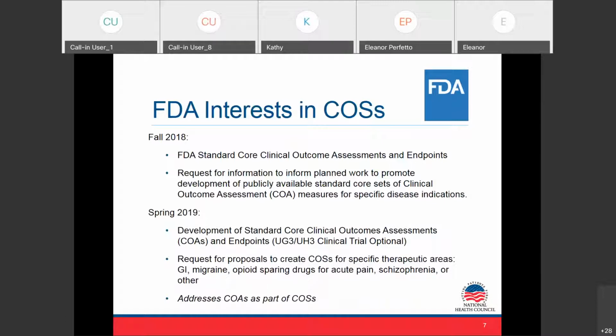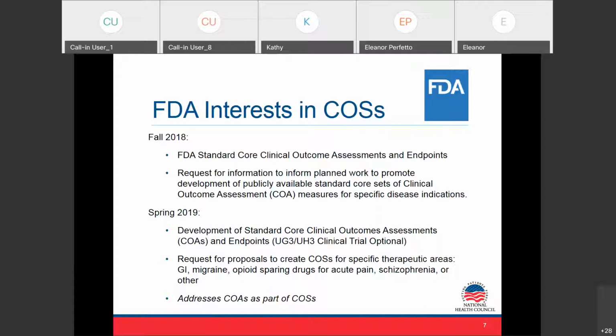Well, it's of interest because the FDA has grown interest in core outcome sets. In fall of 2018, the FDA put out an announcement on standard core clinical outcome assessments and endpoints. This was a request for information to inform their planned work to promote the development of publicly available core outcome sets, clinical outcome assessment measures for specific disease indications.